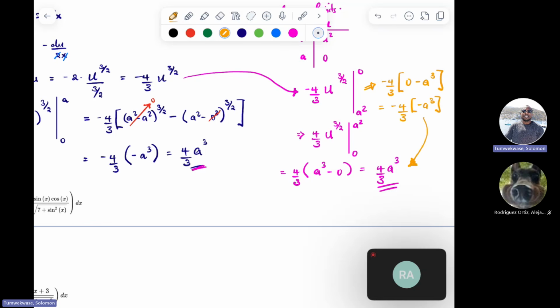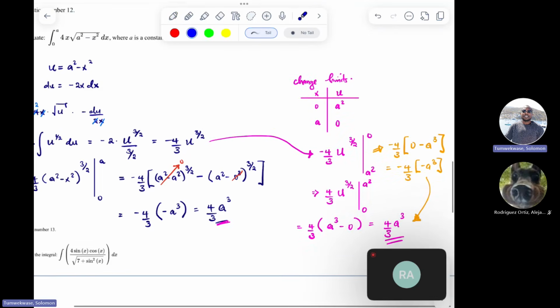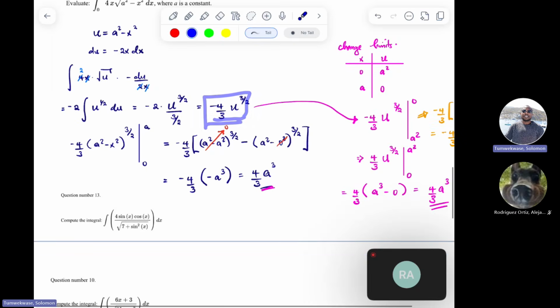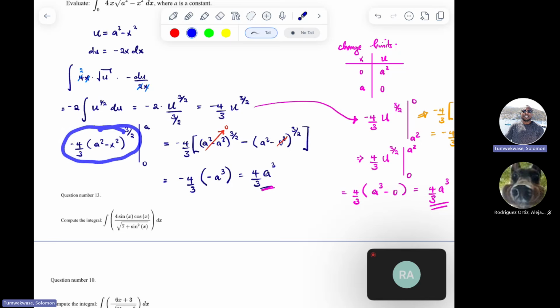So all the cases give you really the same answer, but my main point really is between the dark blue and the orange working. So the dark blue is where I have my final answer in variable u, and I have to change the whole answer back to the original variable.